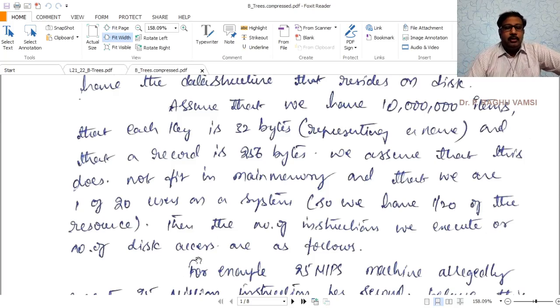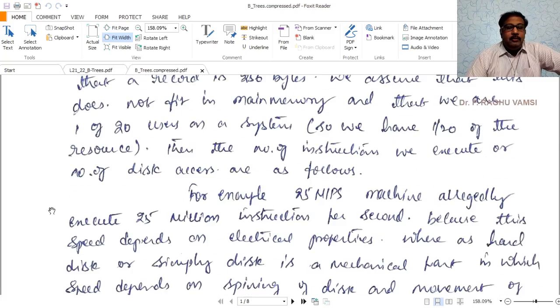Then the number of instructions we execute, or the number of disk accesses, will be as follows. For example, the computer has a processor capable of 25 MIPS, million instructions per second. You might have studied this in your microcontrollers or microprocessors: the number of instructions that a particular processor or controller will execute.